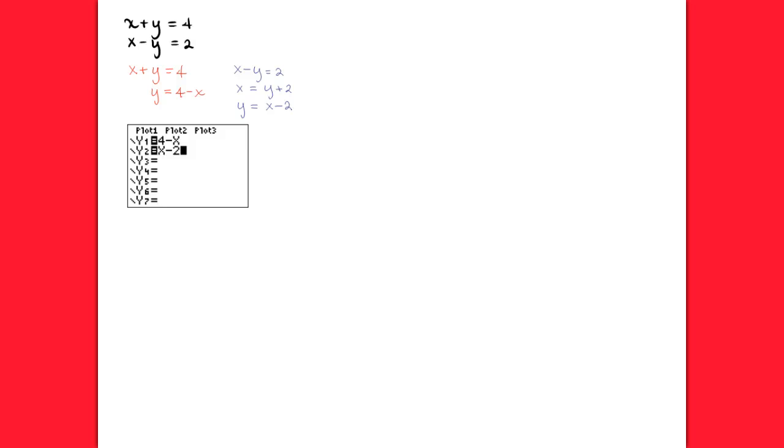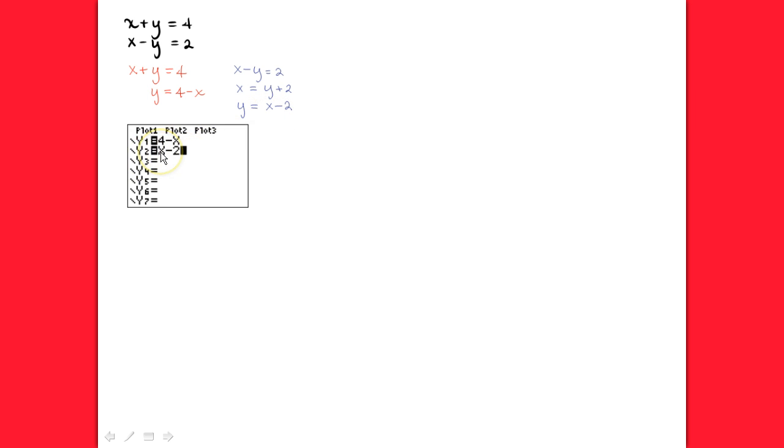So let's go through. If I have x plus y is equal to 4, then I'm going to need to solve that for y. So I'm going to subtract the x to the other side. So in y1, I'm going to put in 4 minus x. And then my second equation was x minus y equals 2. So if I solve that for y, I'm going to add the y to both sides and subtract the 2. I'll get y equals x minus 2.